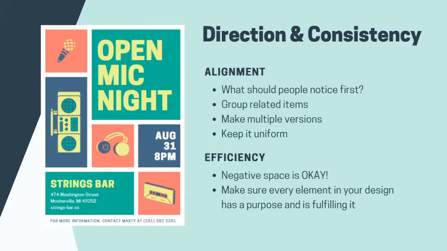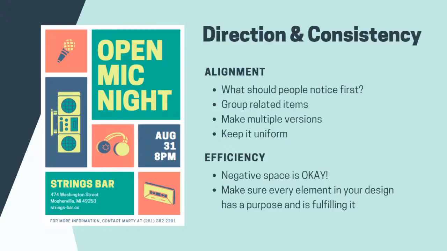So if I'm wanting to know when it is, I know exactly where to go on my design, and I'll find all the information about when it is. And if I want to know where it is, I can find all the information about where it is. And then they've even grouped the for more information right down there with Strings Bar. So all of that is contact info and location information. That's very well thought out.